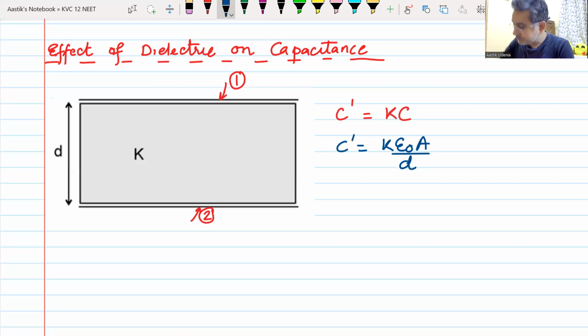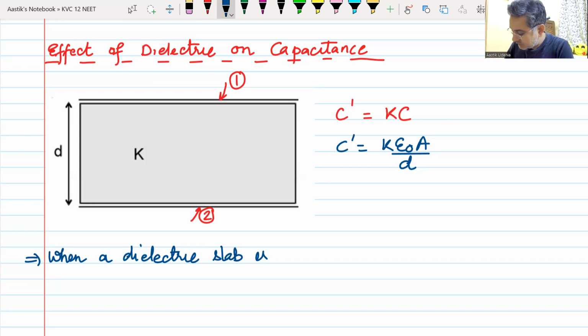So please first remember, first understand what I am writing, then you note it down.